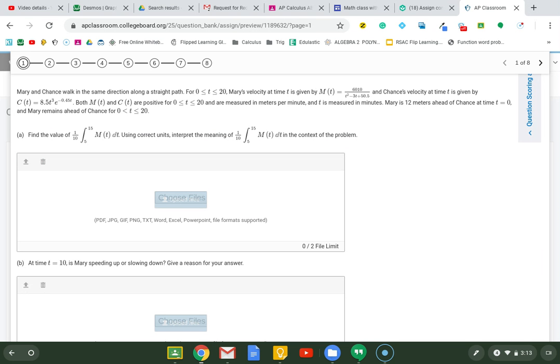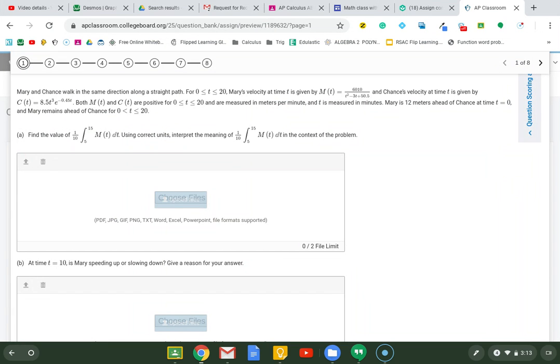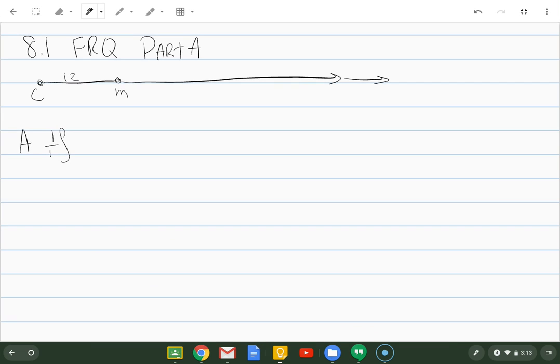Okay, so find the value of 1/10 times the integral from 5 to 15 of m of t dt, and using correct units, interpret the meaning of that thing in the context of this problem. Okay, so we are first going to write that. So part A, integral, and it's 1 over 10, and the integral was from 5 to 15 of m of t dt.